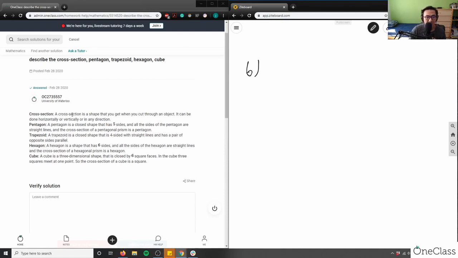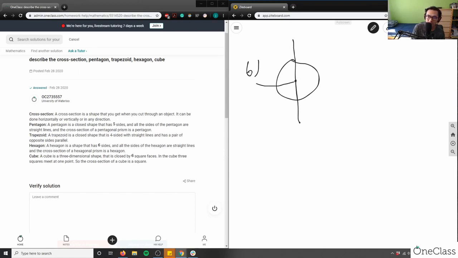So it says here, cross-section is a shape that you get when you cut through an object. It can be done horizontally or vertically in any direction. The term cross-section does imply that this is correct. For example, if I took a circle and found the cross-section of the circle, I would cut it down through the middle point.